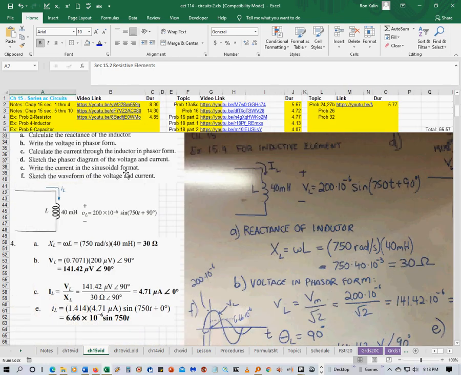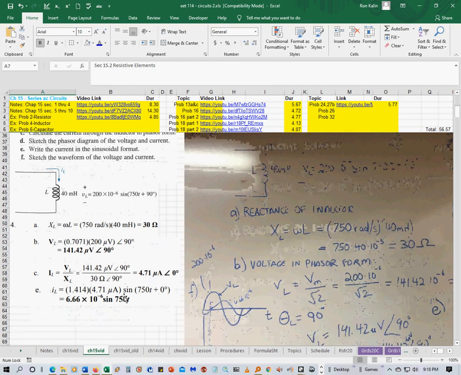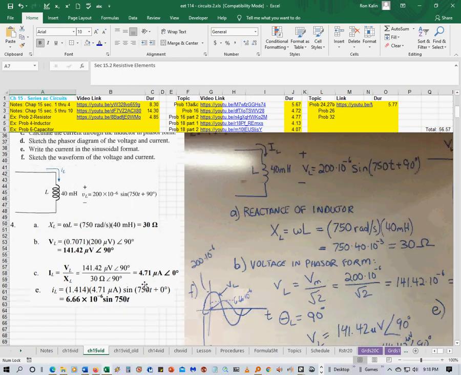Part E says write the current in sinusoidal format. So you take that current at 4.71 microamps, you multiply by the square root of 2, and then sine of 750t plus 0 phase angle ends up equaling 6.66 times 10 to the negative 6 sine of 750t.